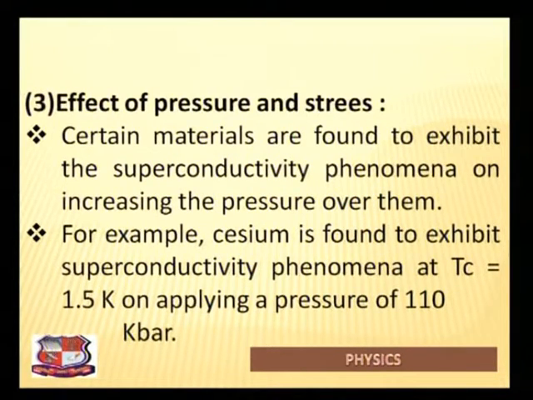For example, cesium is a material found to exhibit superconductivity under the application of 110 kilobar pressure. Under the pressure of 110 kilobar, cesium behaves as a superconductor below a temperature of 1.5 Kelvin.